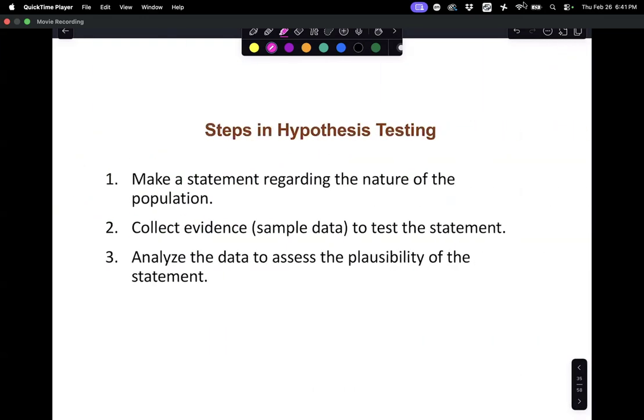Okay, so here's how we do hypothesis testing. You make a statement. So once again, 20% of people can smell ants. I think it's greater than that. So I'm going to start polling people and collect my data. I'm going to take a random sample of people and ask, do you smell ants?